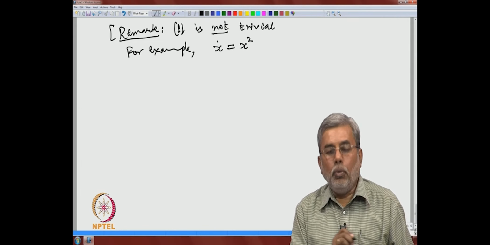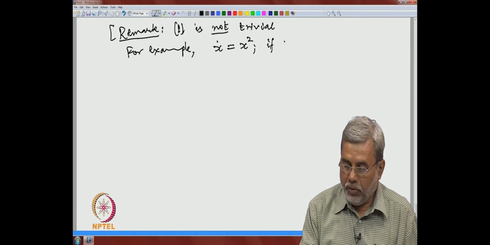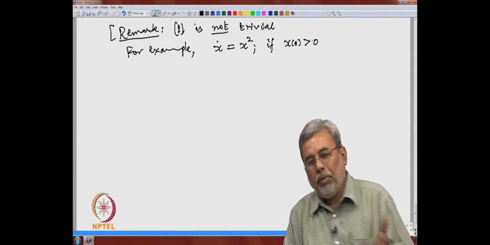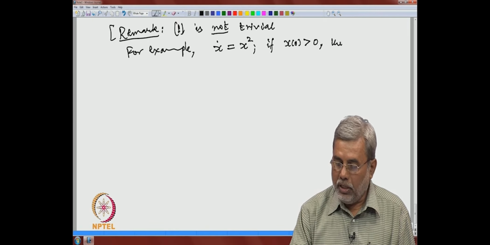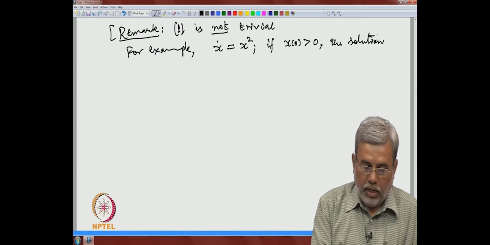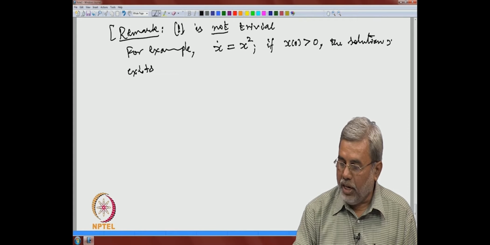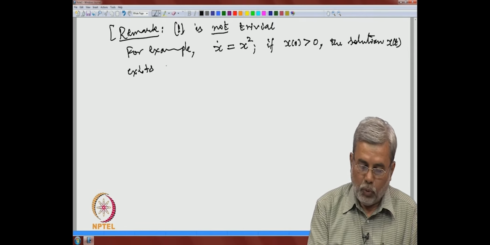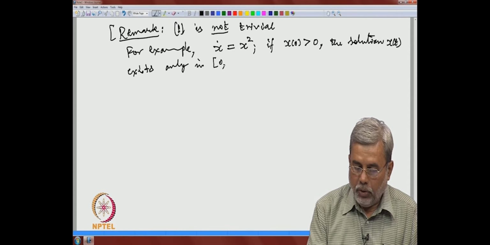No matter what x 0 is, if x 0 is positive, however small it is, that does not matter, the solution x(t) exists only in (0, 1/x 0).